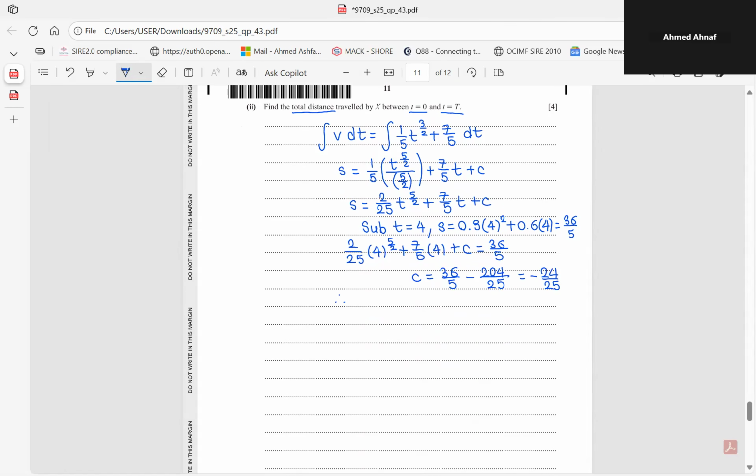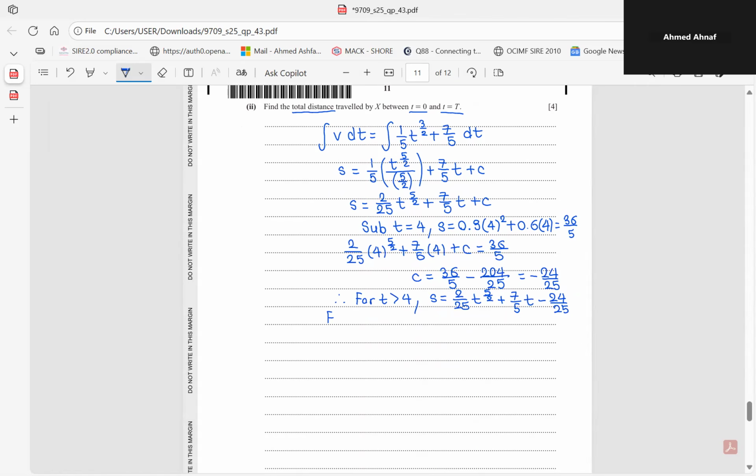So hence, we're going to write it in full for t more than 4. s is equal to 2 over 25 t to the power of 5 over 2 plus 7 over 5 t minus 24 over 25.